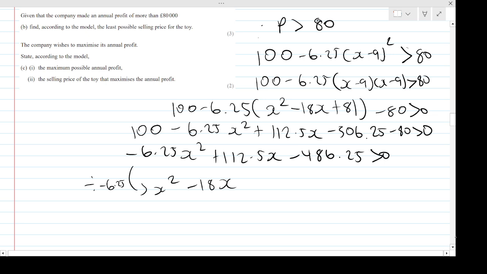Then I'm going to have minus 486.25 divided by minus 6.25. I then get plus 77.8. And now that's going to be less than 0, because remember we're dividing by a negative. So when you divide or times both sides of an inequality by a negative number, you have to flip the sign. So in this case, it's less than 0 now.